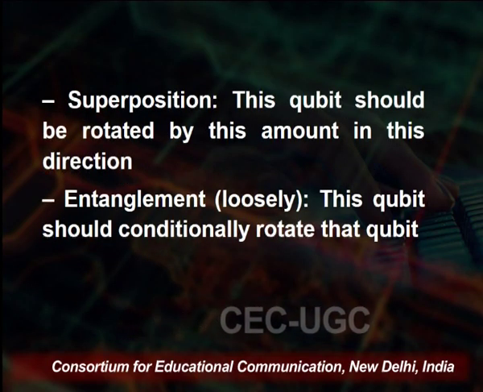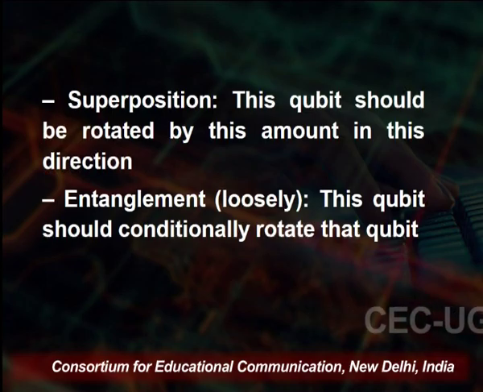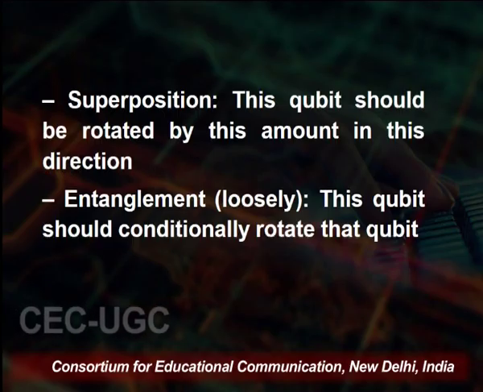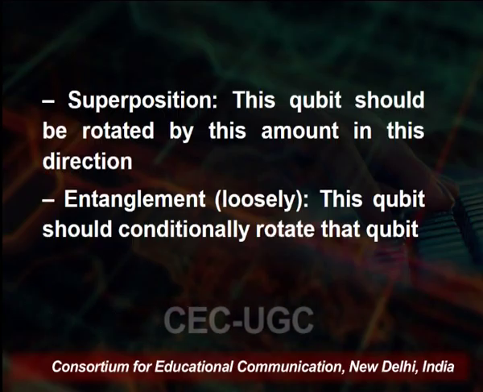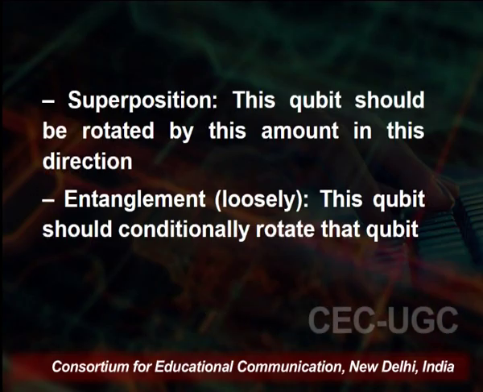So what are the two effects? One is superposition, another is entanglement. Superposition means this qubit should be rotated by this amount in this direction, that is, how the qubits are rotating and how a qubit is attached with another qubit.